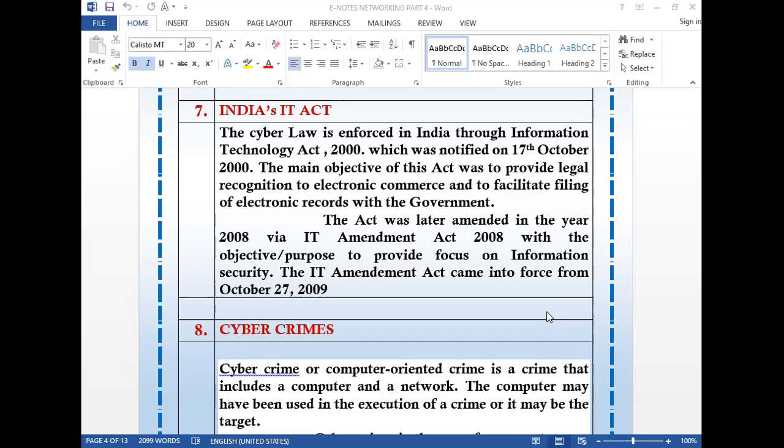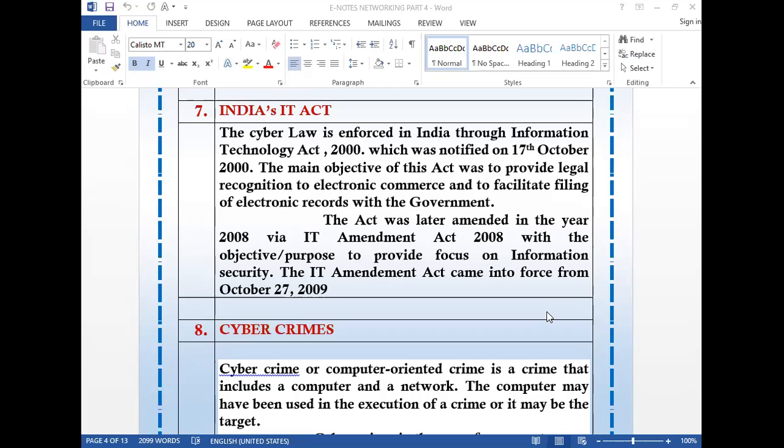You are to remember the date and the year. You can have a 1 mark MCQ as a short question, like from the following options, find out the option when the IT Act was notified. So it was notified on 17th October 2000.